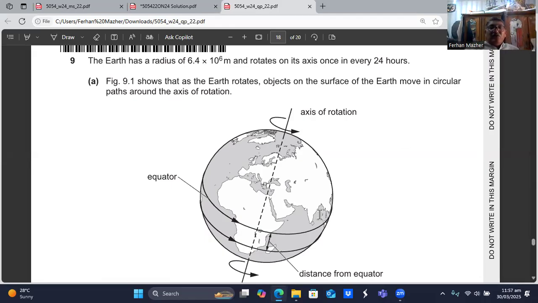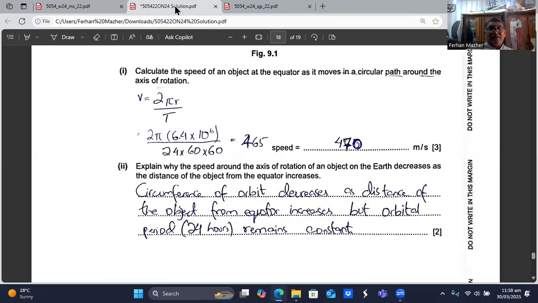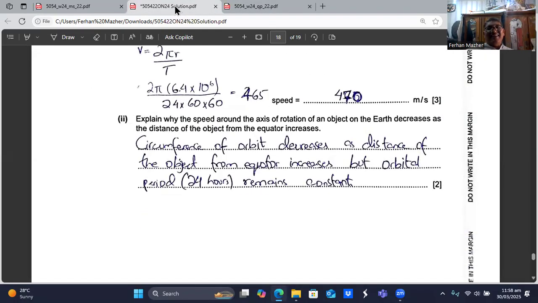For example, when you move away from the equator, the radius of that orbit will be less, but that cycle will still be completed in 24 hours. So less distance covered in the same time, the speed will become less. I hope you understand.